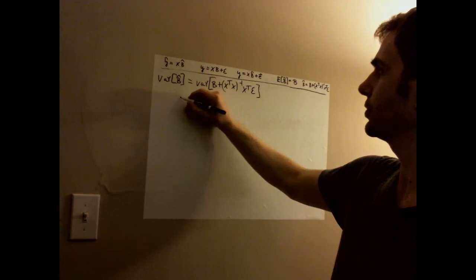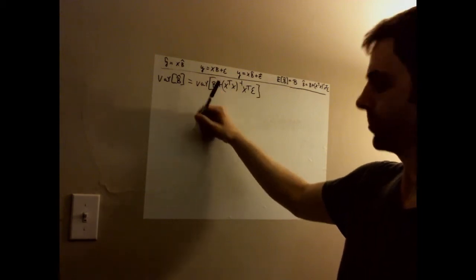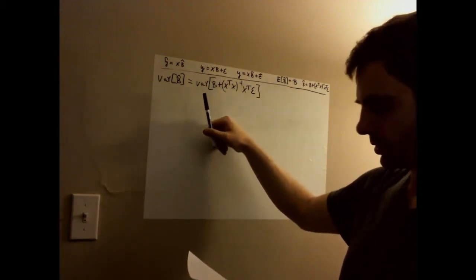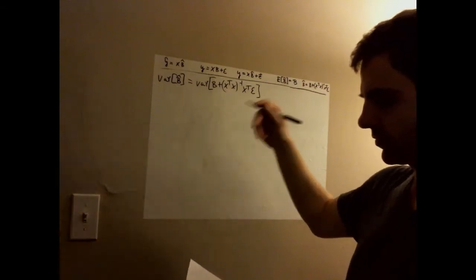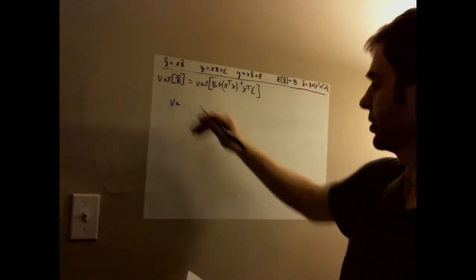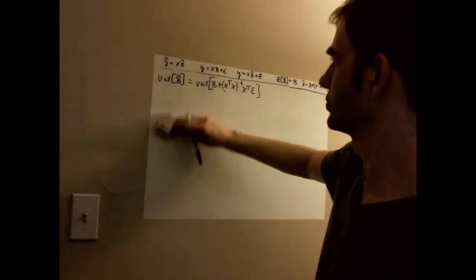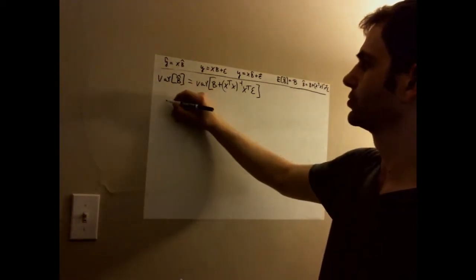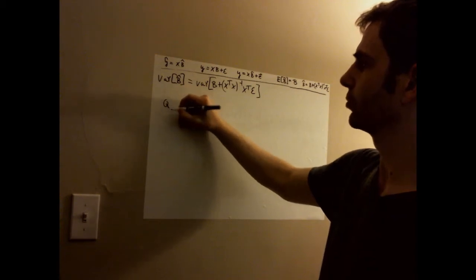I mean, we can just think of it like this. The variance of something in matrix form is just, for the sake of remembering: say we have some random variable q.